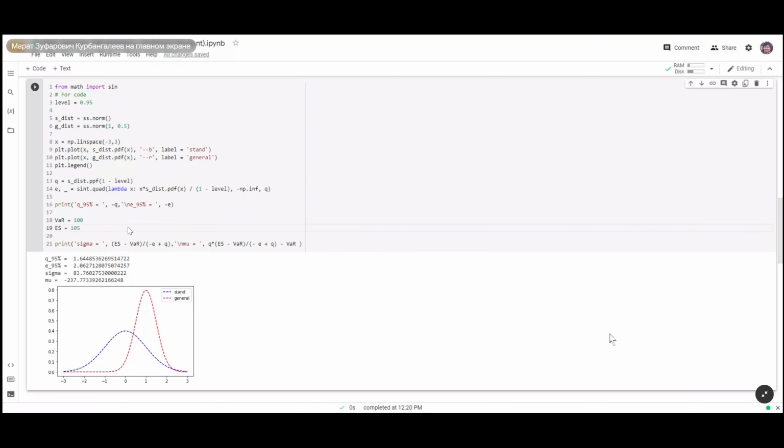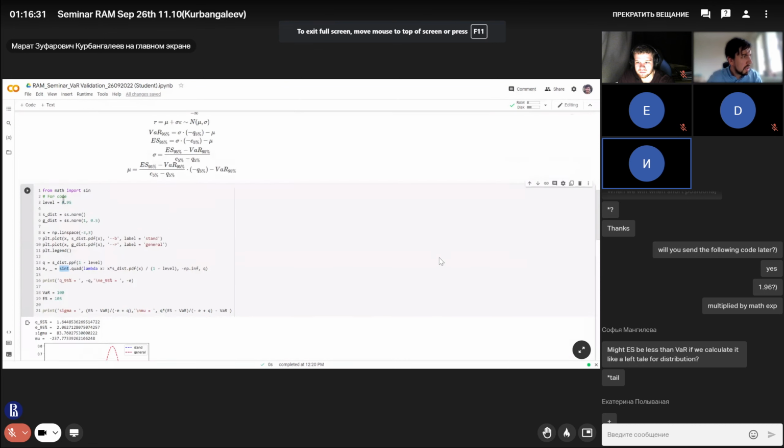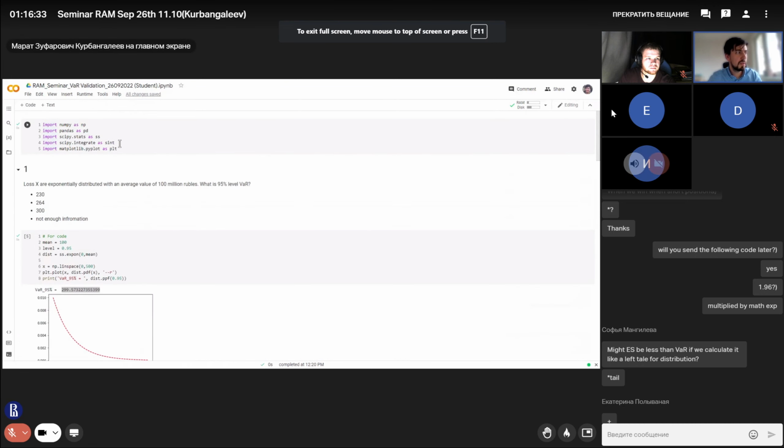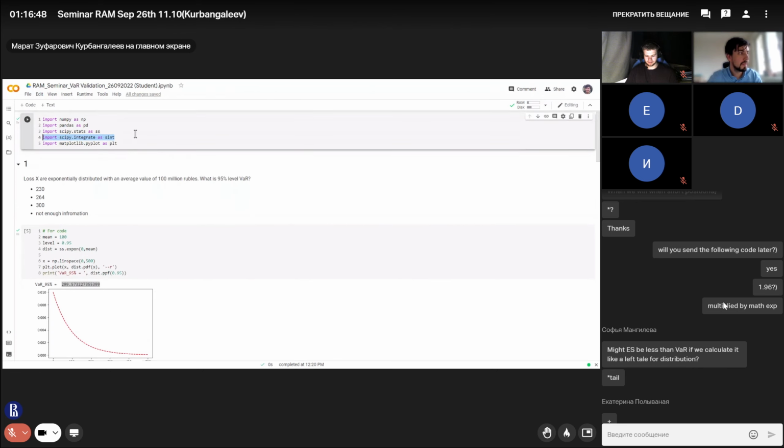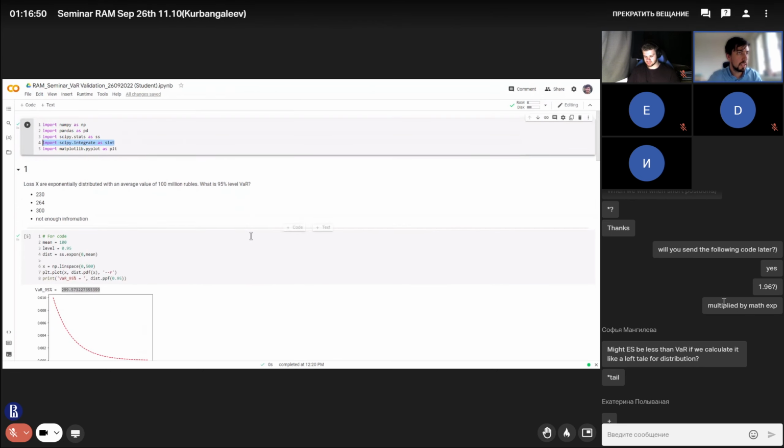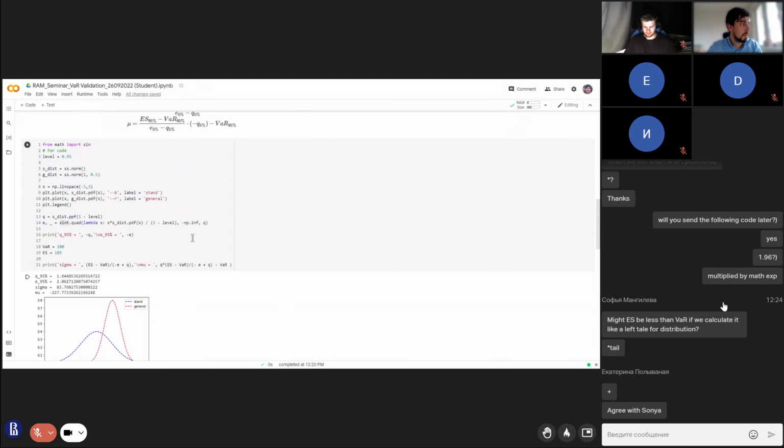I got an error: name synced is not defined. It's supposed to be defined because this is the 4th line in the first cell. So I'm importing the integrate submodule from SciPy and naming it sint. Yes, that's what you can see in the preliminary.